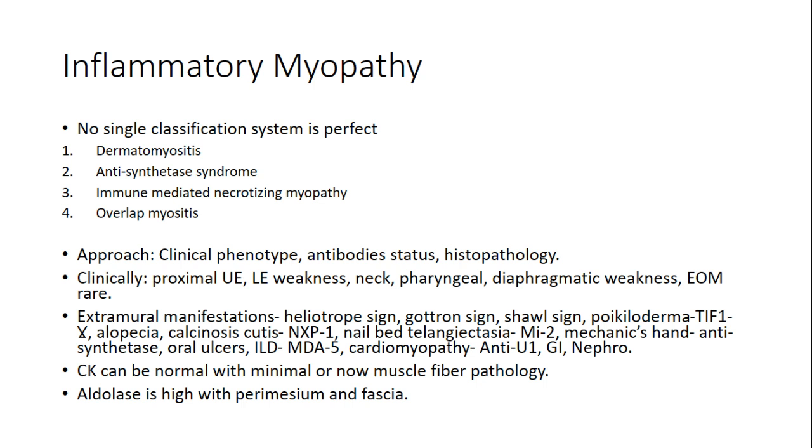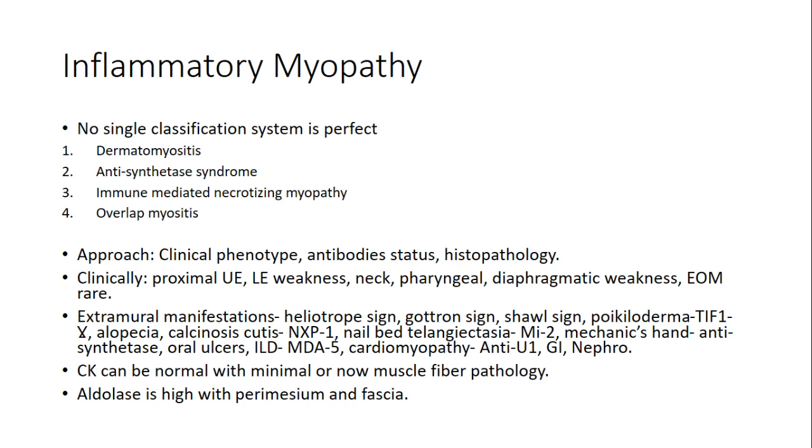Now, thinking about dermatomyositis, those are extramuscular manifestations. Extramuscular manifestations include heliotrope rash, Gottron sign, Shawl sign, poikiloderma, which is usually seen. I try to put this to remind myself too, because in the right exam, remember those are going to be the keywords. So if you know TIF1 gamma is the one, then you have to think about poikiloderma as a keyword in the scenario.